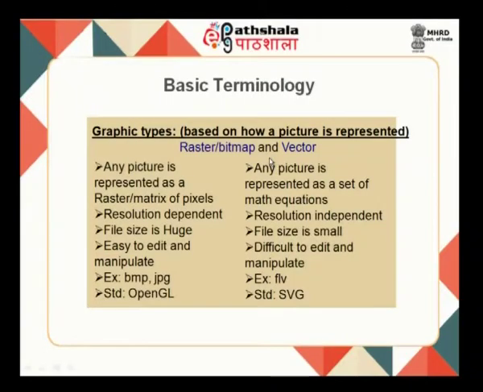Let us come to the vector graphic type and how it is different from raster graphic. Any picture is represented as a set of mathematical equations. A picture definition is stored inside as a set of mathematical equations. A picture is basically made up of many points.